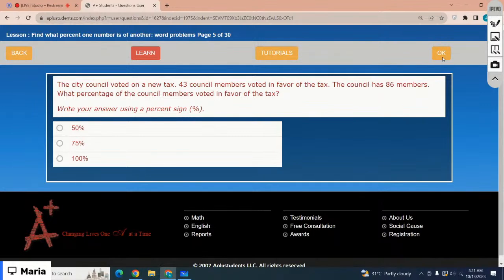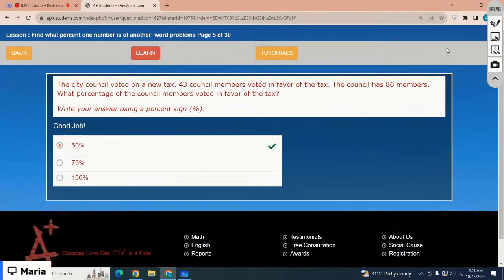Forty-three is exactly half of 86, isn't it? That means 50% of the council members voted in favor of the tax, right?